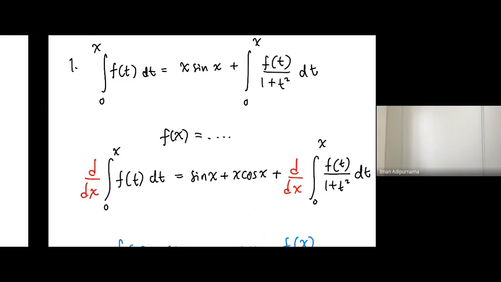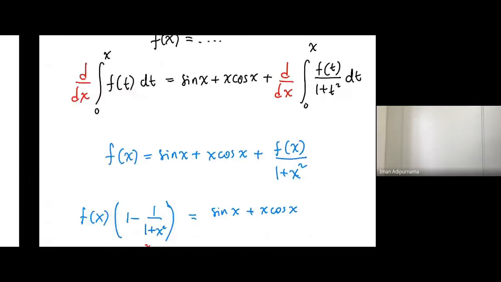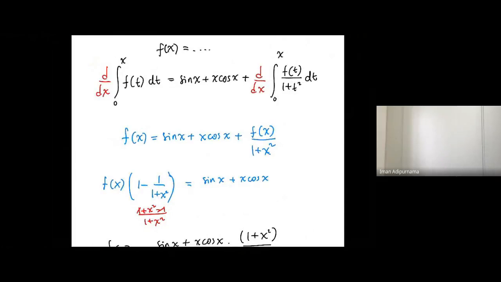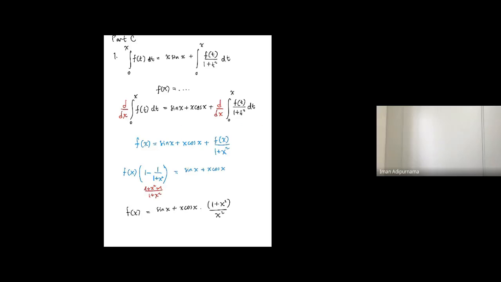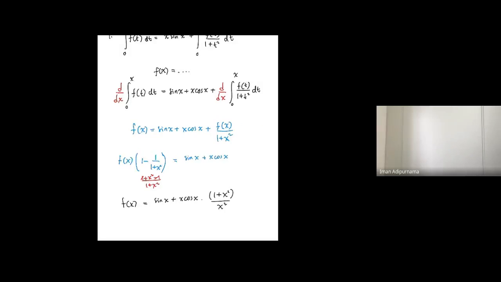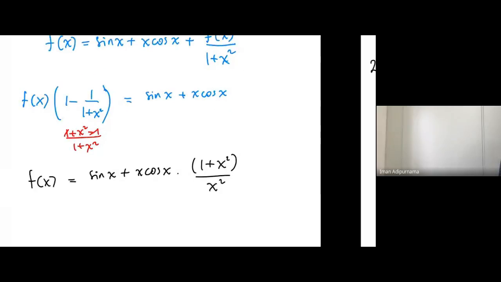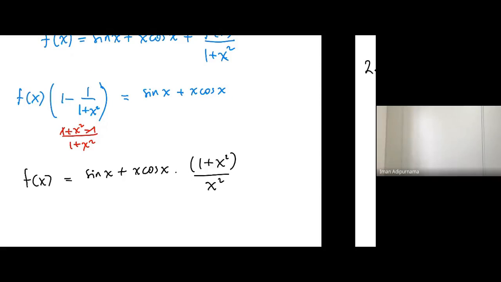And we can use the fundamental theorem of calculus, and we get f of x and then we group the f of x, and the answer is this function. Okay. So f of x is sine x plus x cosine x, and then 1 plus x squared over x squared.